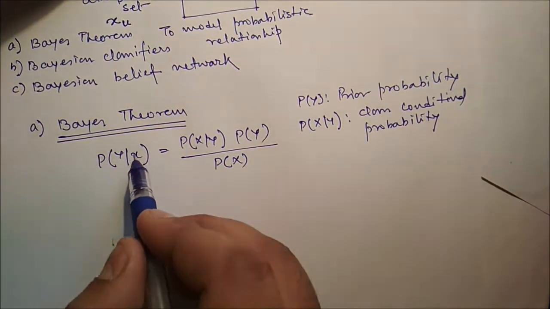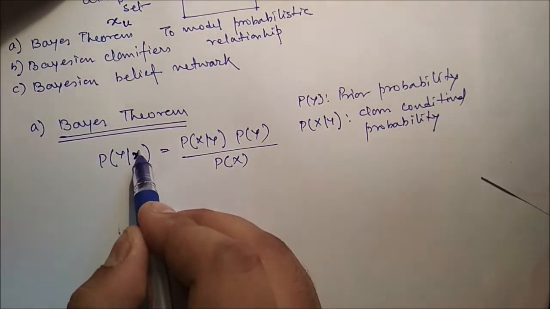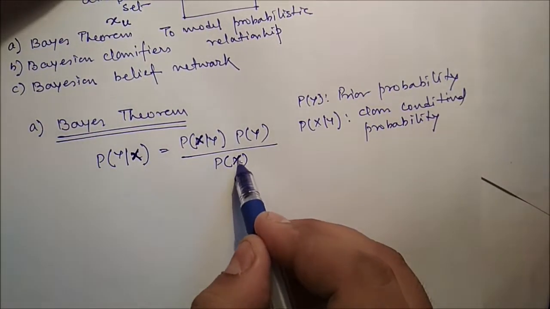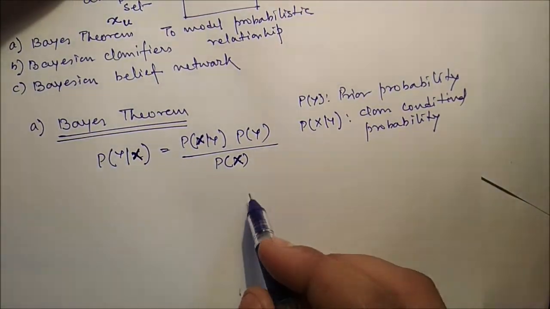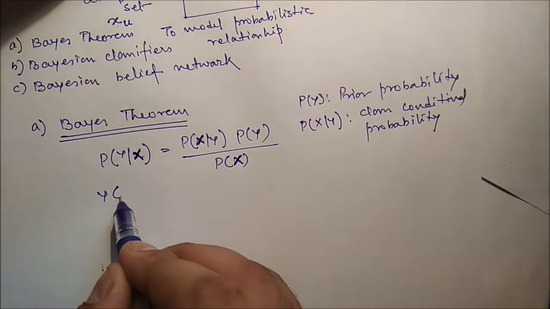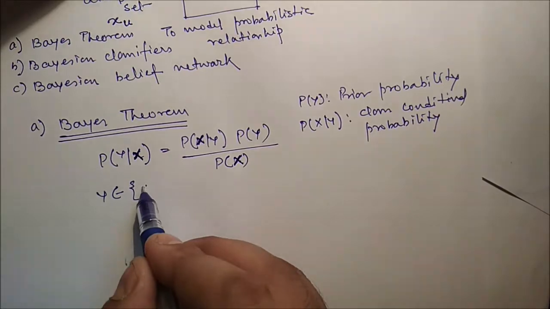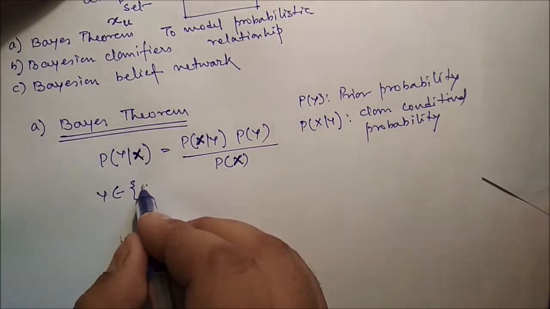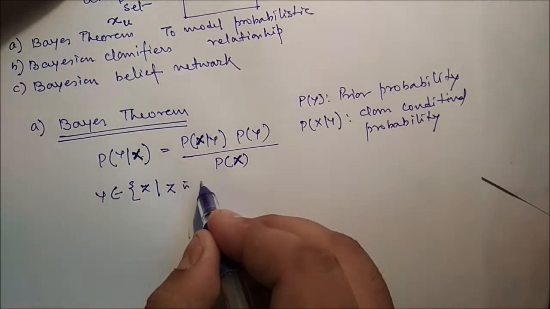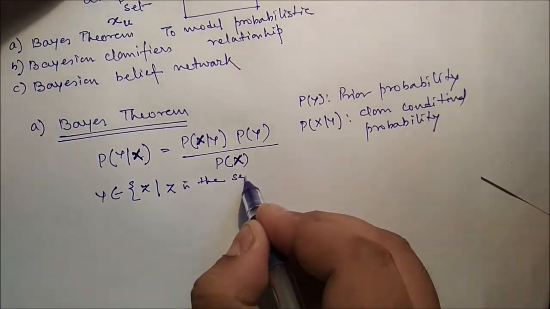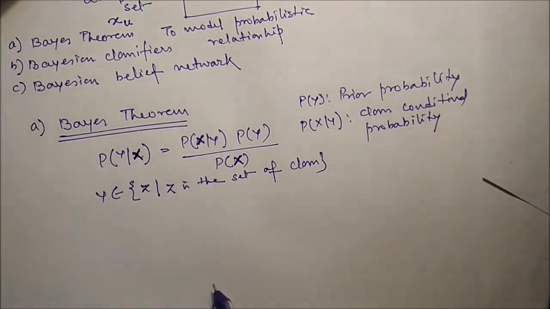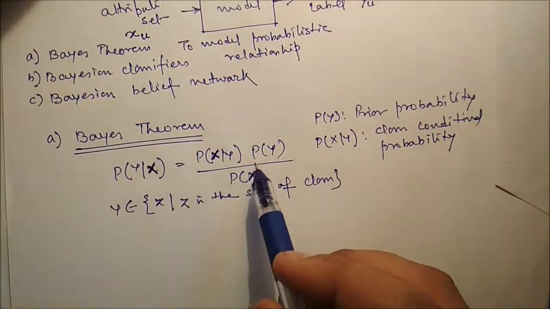We assume x is a vector, and y is a class label. That means y belongs to z, where z is the set of classes.